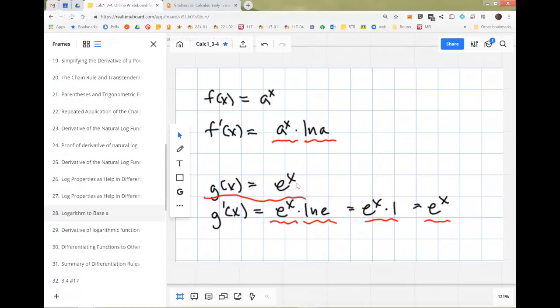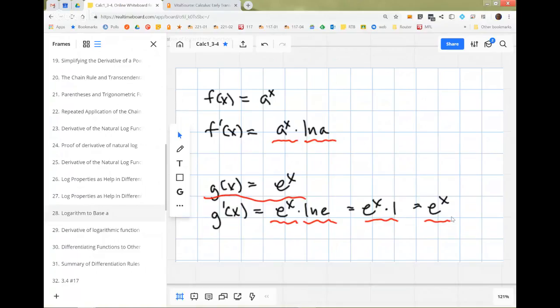And this works with e to the x. What's the derivative of e to the x? Itself times the natural log of its base. What's the natural log of e? 1. That's why the derivative of e to the x is e to the x, because the natural log of e is 1. This is actually showing you why that beautiful derivative exists.